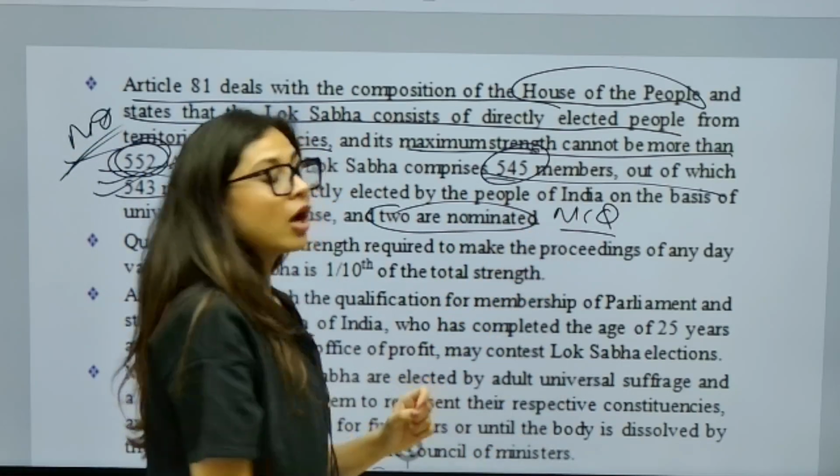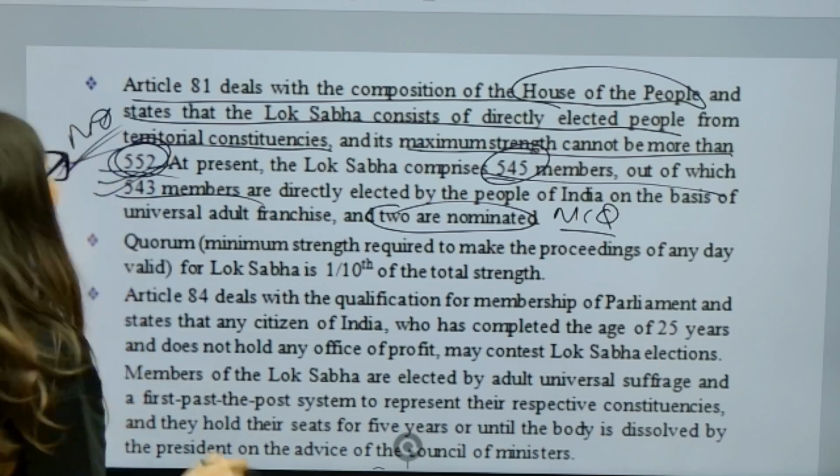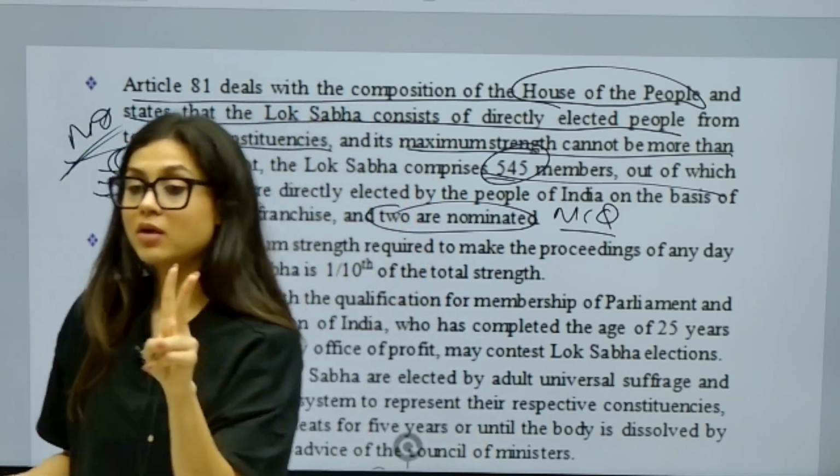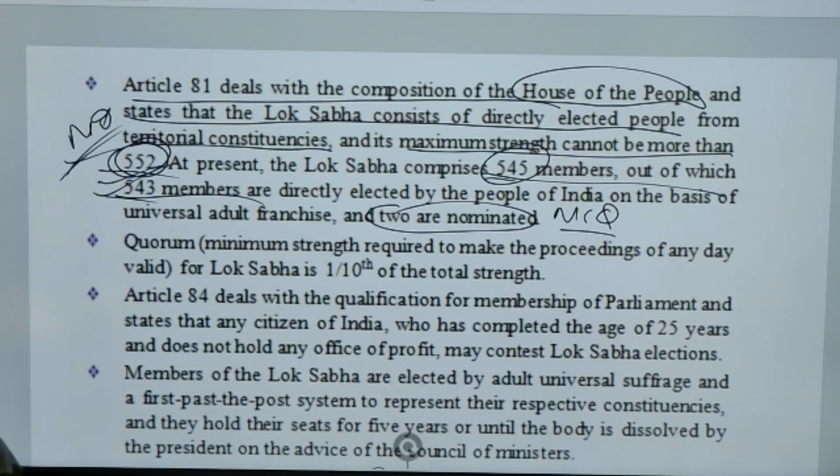Current strength is 545. Out of which 543 they are directly elected and 2 persons are nominated. Fine.